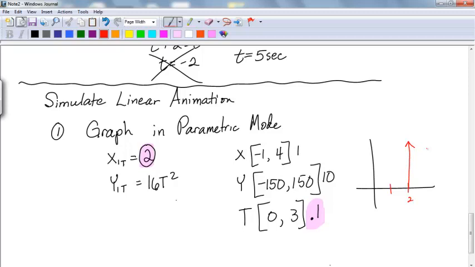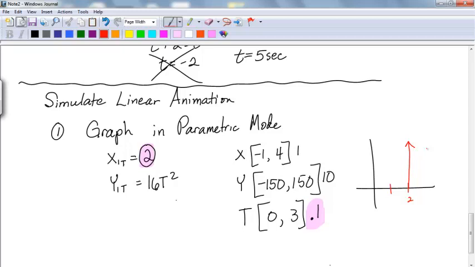Okay. If I wanted it to go down, what do I have to change in my equation so it goes down? Try it on your calculators. What do you have to change to get it to go from 0 down?